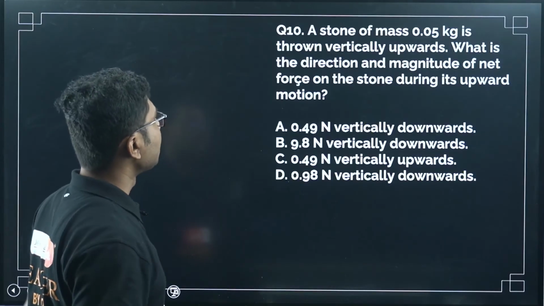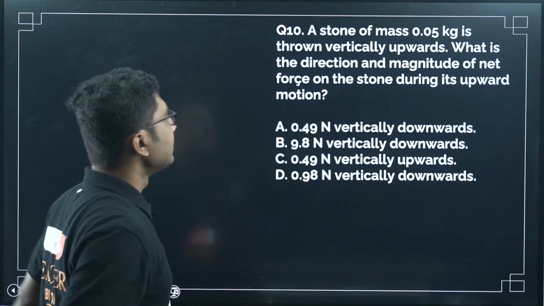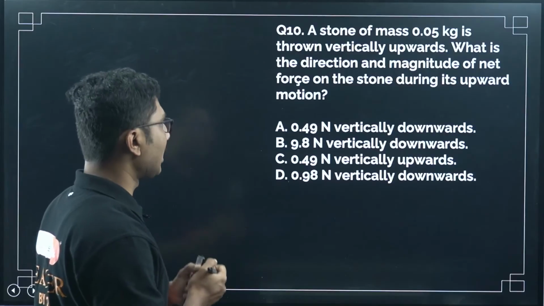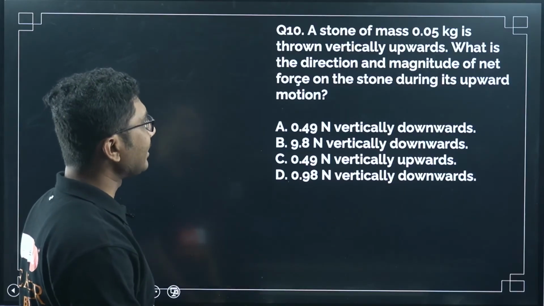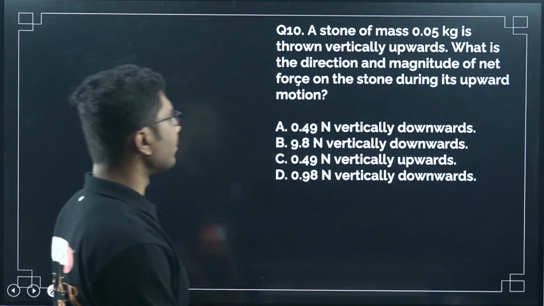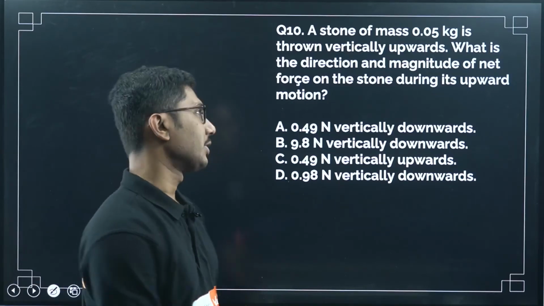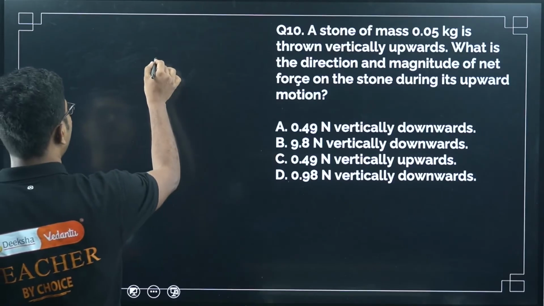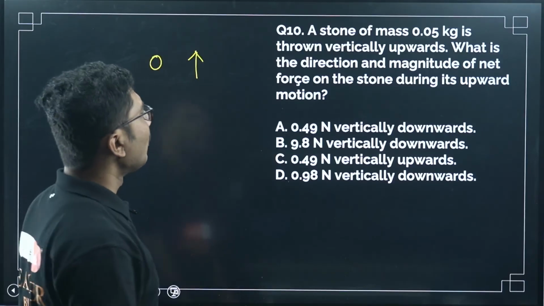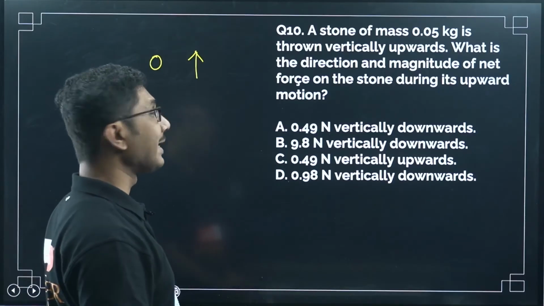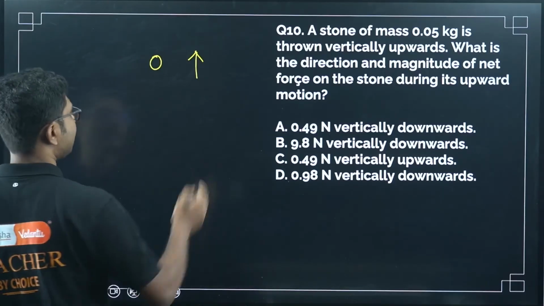Now a stone of mass 0.5 kilogram is thrown vertically upwards. What is the direction and magnitude of the net force on the stone during its upward motion? So you throw a stone in the upward direction. What is the direction and magnitude of the net force acting on this object?